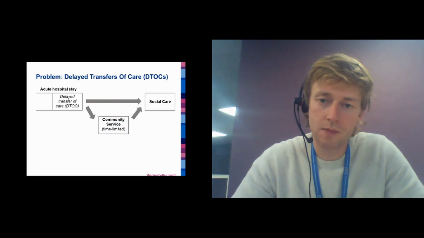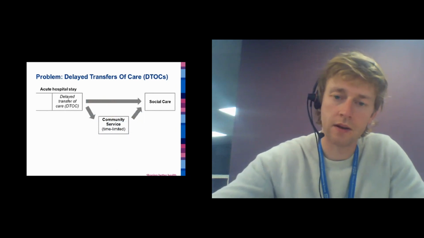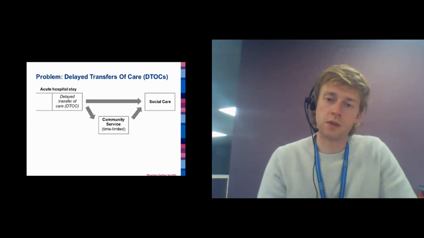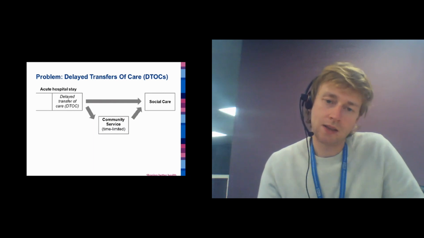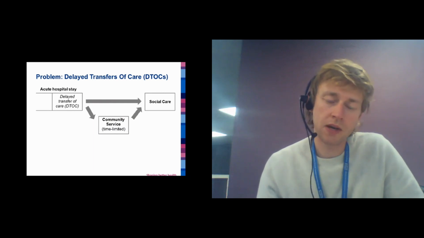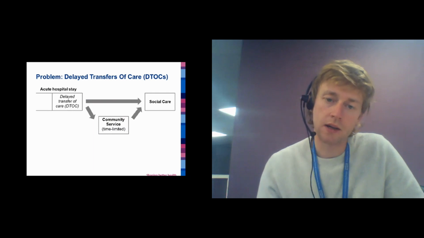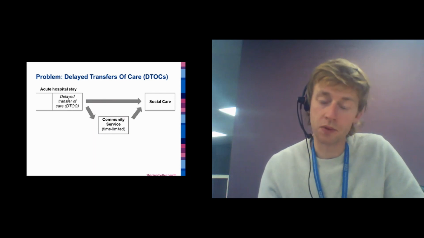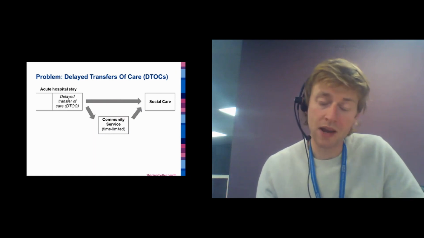So really the key problem that underpins this project is delayed transfers of care, or DTOCs. These occur when patients are ready for discharge from the acute hospital setting and are not able to be promptly discharged, for many possible reasons.